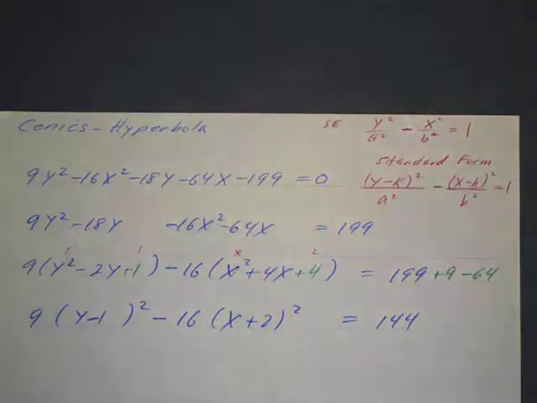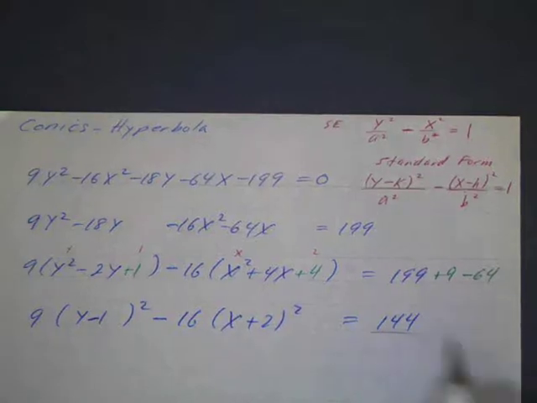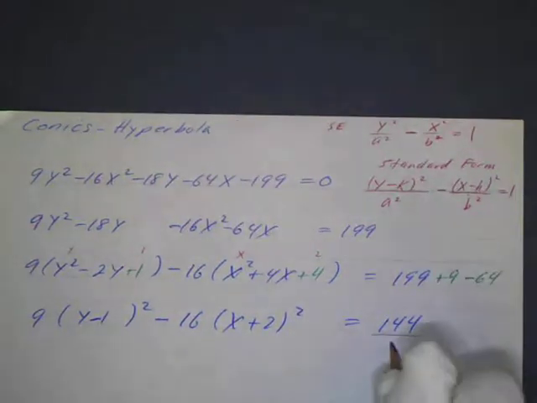And usually these numbers will be nice enough, they'll work out fine. So I'll divide everything by 144 to make sure I have a 1 over here like I have in my standard form.